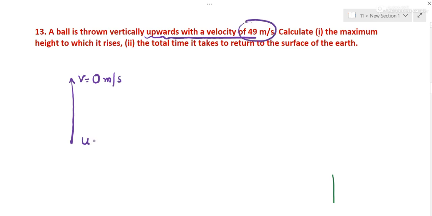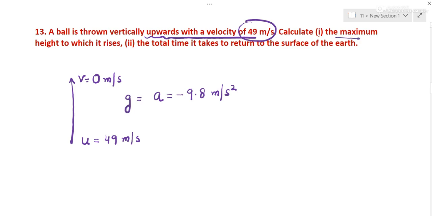So u is equal to 49 meter per second. We have thrown it with this velocity. And acceleration is negative 9.8 meter per second square. Why? Because it is going against gravity. So we will take acceleration negative. That is g only, but we'll take it negative.